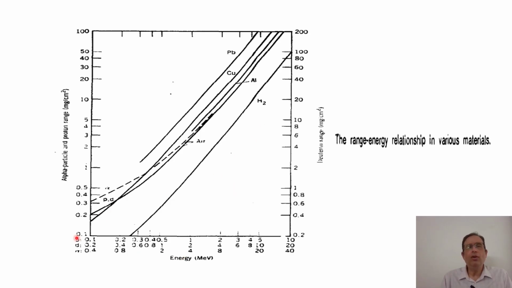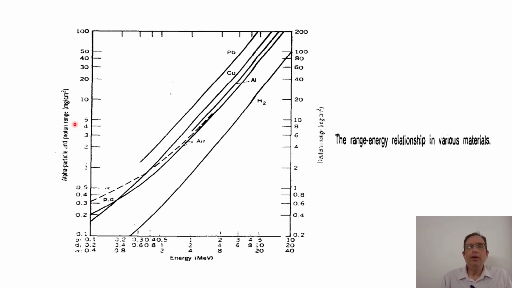The y-axis represents the alpha particle range or the proton range, and here it represents the deuteron range on the other axis in the y direction. Energy versus range is plotted in units of mg per centimeter square.